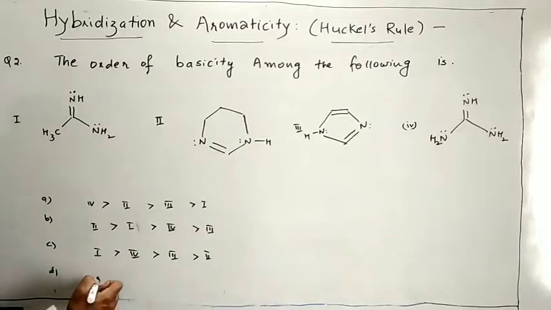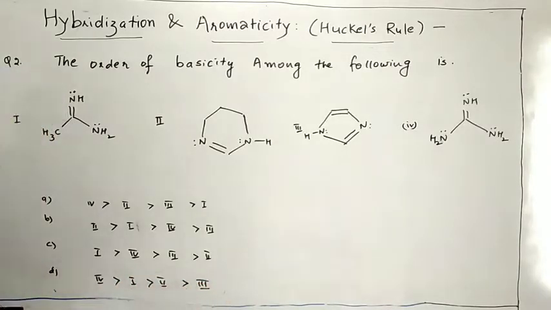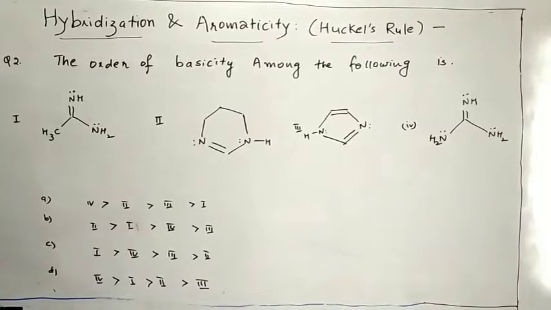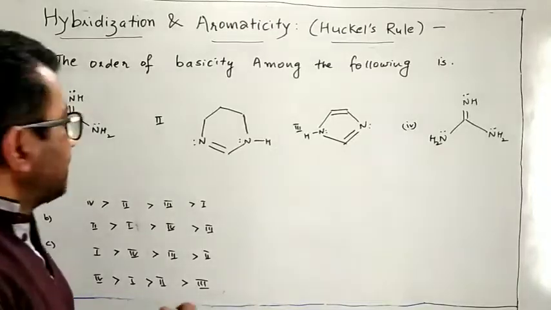And the last option is 4, then 1, then 2 and then 3. So these are the options given. So you have to find the order of basicity. Now basicity depends upon the tendency to lose electrons. Obviously in all these 4 compounds nitrogen will lose electrons. Now first of all, on the basis of hybridization we will see which nitrogen will donate a pair of electrons. Again come to the first molecule.